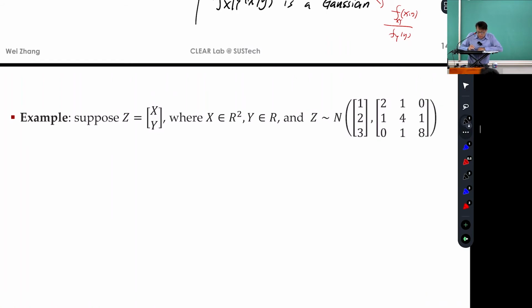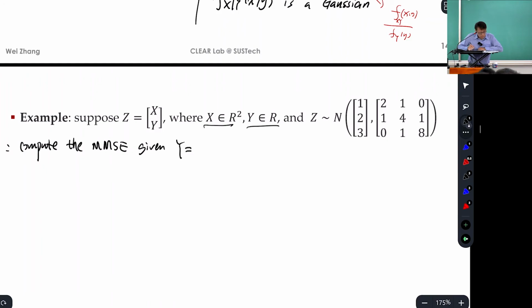Now suppose X is R2, Y is R, and Z is jointly Gaussian. Can you compute the minimum mean square estimate given capital Y equal to, sorry, let's do something different.